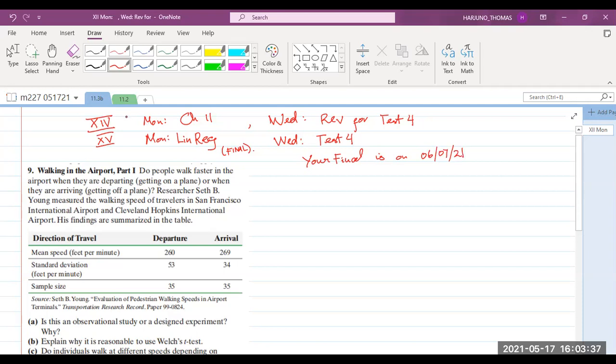Okay, let's put the dates here. Today is the 17th, so next week is the 24th, right? And then the week after that is May 31st, but that's Memorial Day, no class.